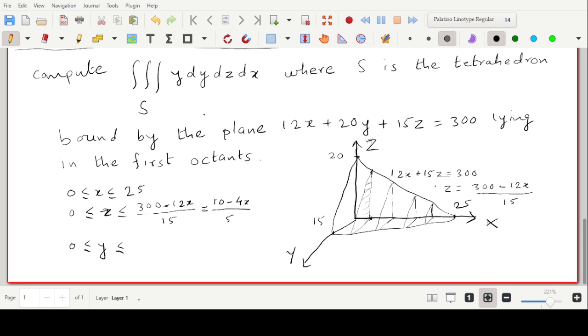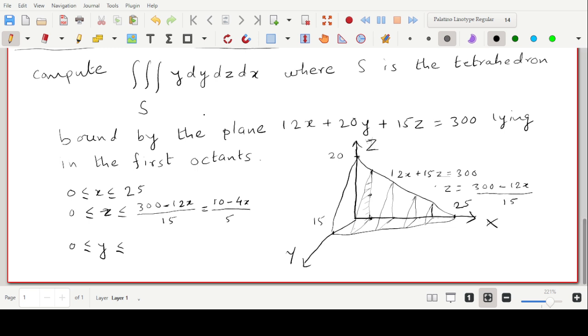Now here in this case, for this x and for some z in between, y starts varying from 0 because on this segment y is 0, because this point lies in the xz plane, and in the xz plane y is 0. So the y will start varying from 0, and up to what will it continue to vary?